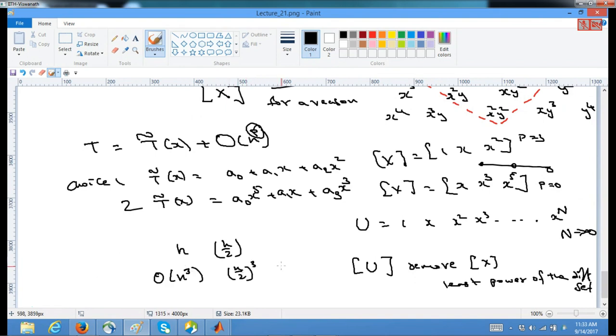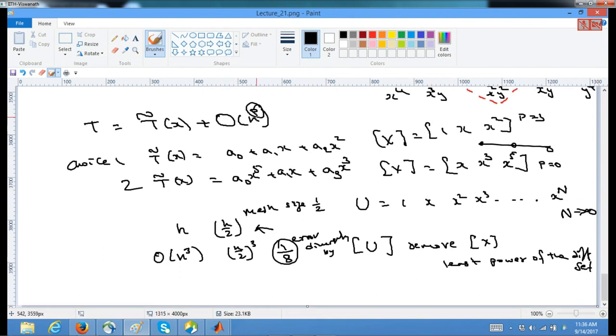That is, the error decreases as 1/8 compared to the earlier error. So a 1/2 decrease in mesh size will result in the error diminishing by 1/8. See, error is like an enemy in numerical procedure. You want the power as high as possible, then the error would diminish.